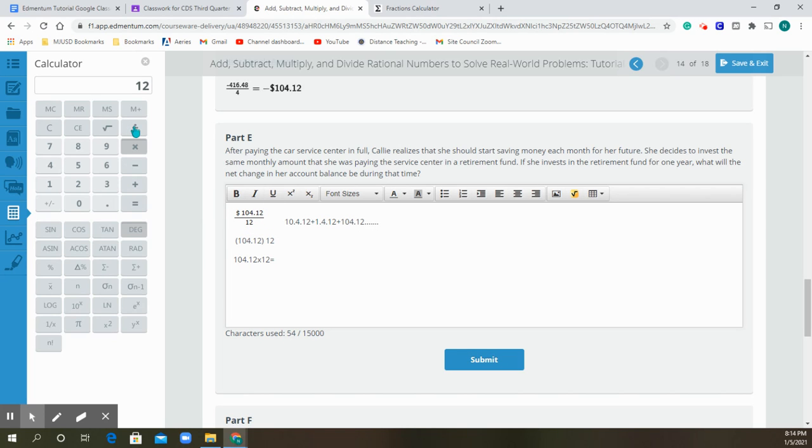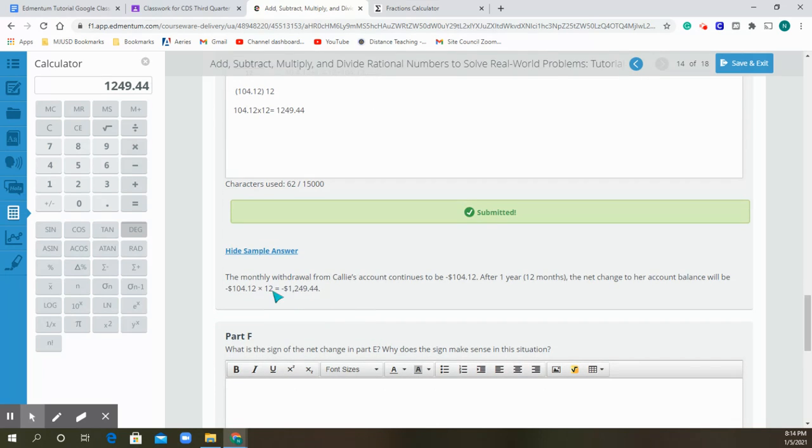Okay. Equals 1,249.44. That 0.44 makes sense because 12 times 12 is 144. All right, let's hit submit. All right, yep, it looks like our math paid off.